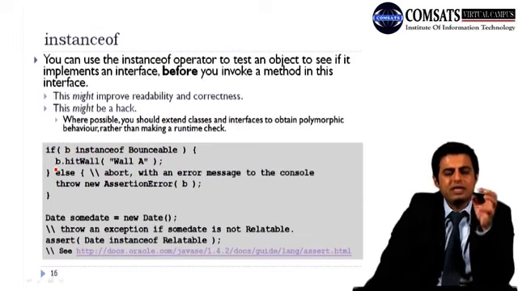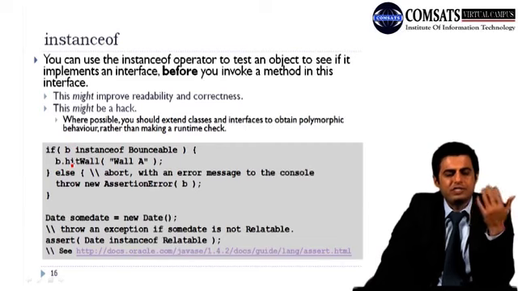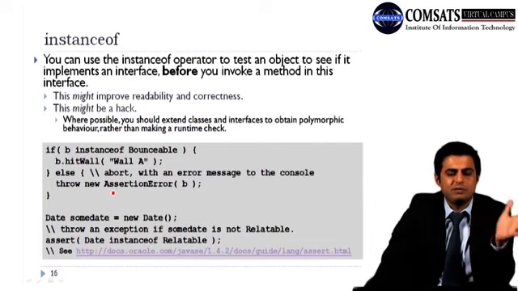Now if there is a hitWall method implemented in Bounceable, then it will give you a true value. And if it is not, then of course you can throw an exception, and you can take action according to that exception which has been thrown. So a new exception is being thrown here, throw new AssertionError. The b has to be an instance of Bounceable.